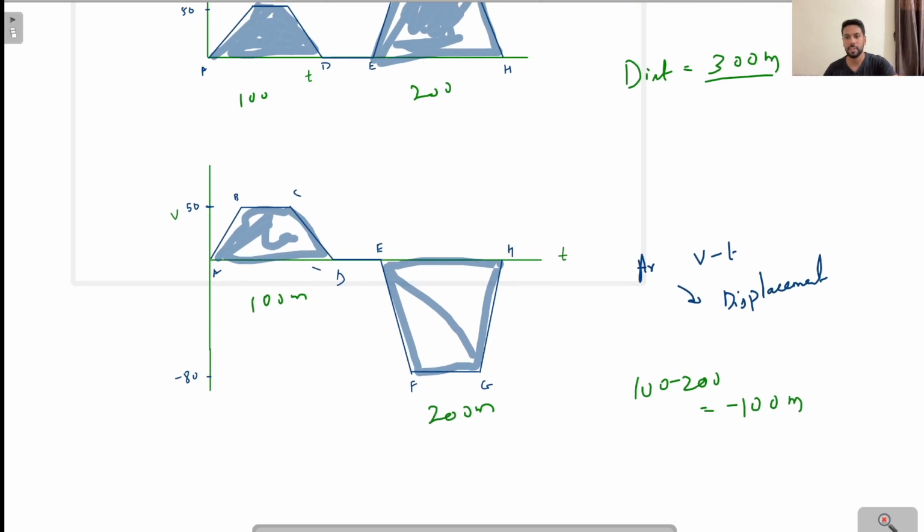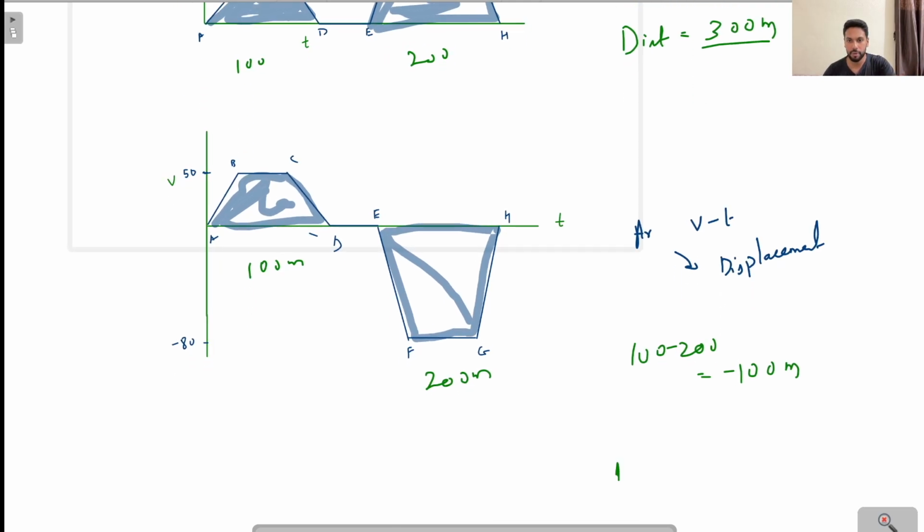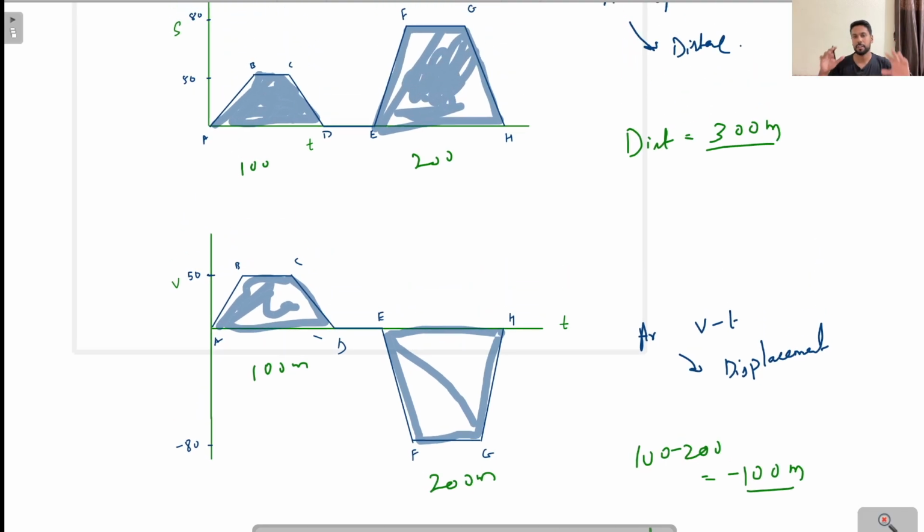What does that mean? It means that from the starting point, it is 100 meter behind. The journey has ended behind the starting point. This is the starting point, students. If the journey is ending 100 meter behind, that's going to be negative 100. If the journey is ending 100 meter forward, it's going to be plus 100. So displacement can be negative and positive.